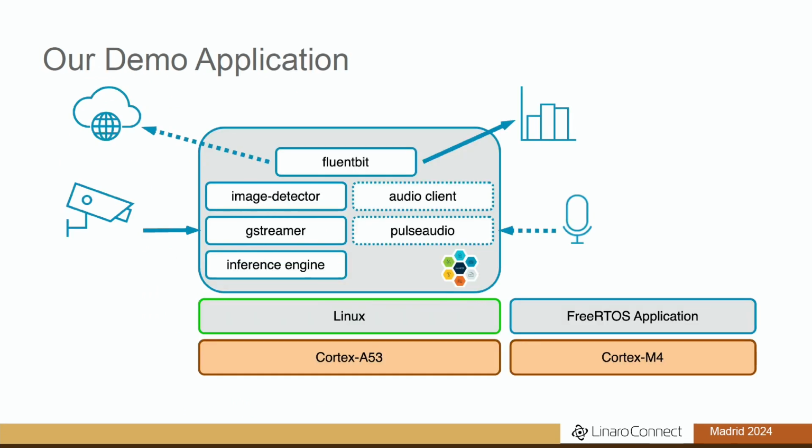In terms of our demo application, we took an application that we had already generated as part of a project called Smarter, which was simply about deploying, using lightweight container orchestration, to these kinds of edge nodes. So we took the same application. It takes input from a camera and from a microphone, and uses machine learning to do some object detection.